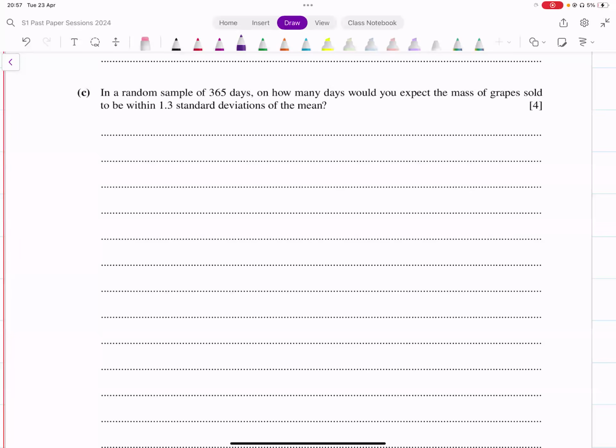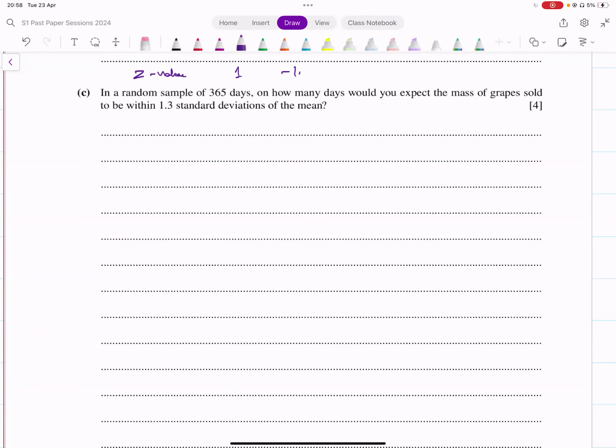Now, one way to do it is like this. If you know what the Z value means, Z value basically tells you the number of standard deviations something is away from the mean. So if a Z value is 1, that means that X value is 1 standard deviation above the mean.